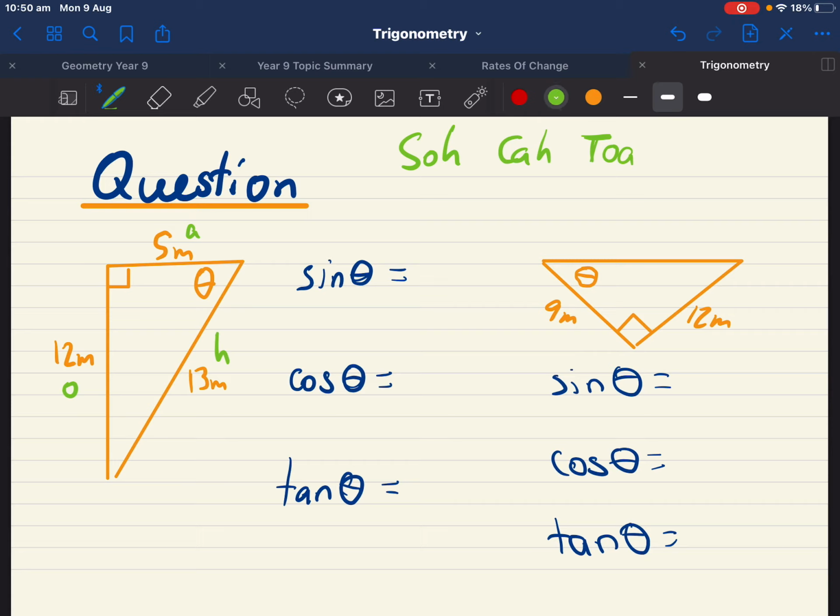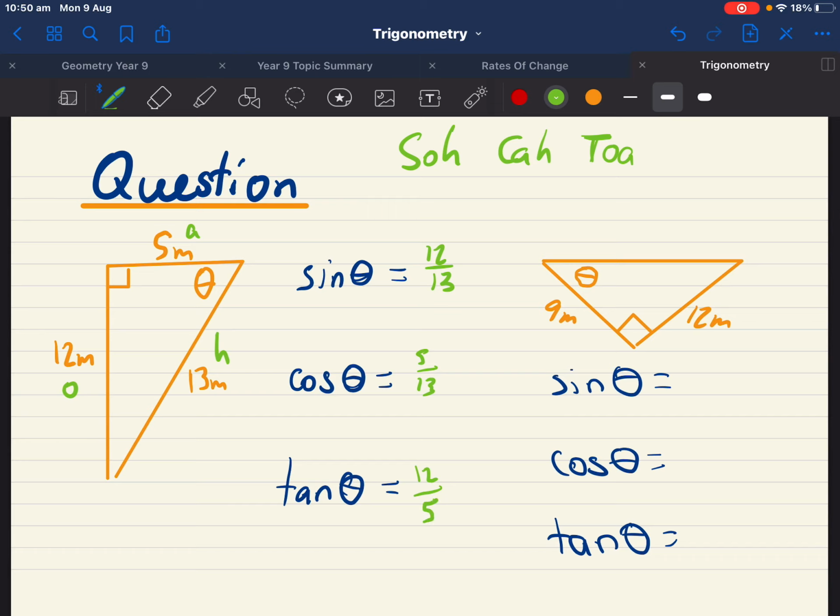What I'm going to do is write down SOHCAHTOA because that tells me everything I need to know. All right, so for sine, I'll keep it in green. Sine is opposite over hypotenuse. There's the sine one done. For cos, it's adjacent over hypotenuse. And tan is opposite over adjacent.